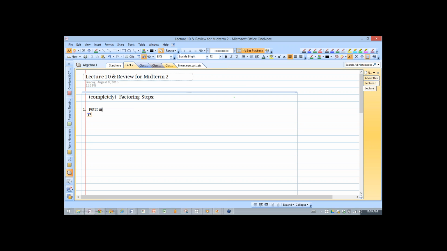Put it in standard form if it's not already. Last time we talked about standard form as being descending order of the exponents.